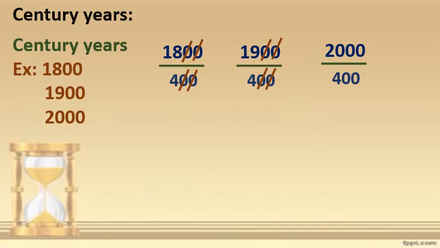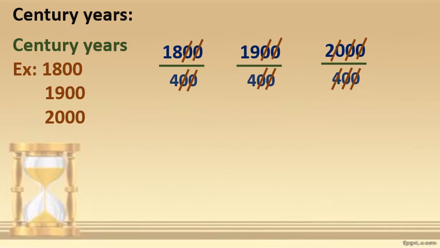Now we will move to the third one, that is 2000 divided by 400. Again we will cancel 0, 0. What remained? 20 divided by 4. It is completely divisible because we get 20 in the 4's table, or 20 is a multiple of 4, isn't it?